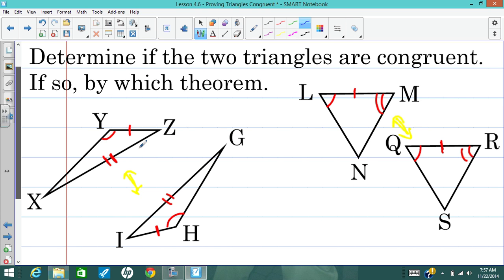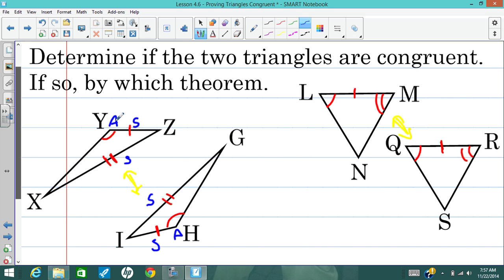So I'm going to go around in sort of a clockwise fashion, and I'm going to label what I have. I have an angle, I have a side, and I have a side. Here I have an angle, a side, and a side.